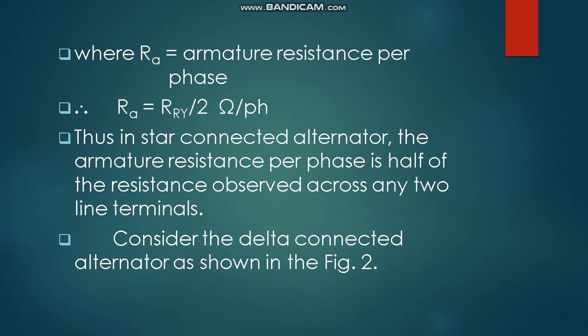Thus, in a star-connected alternator, the armature resistance per phase is half of the resistance observed across any two line terminals.